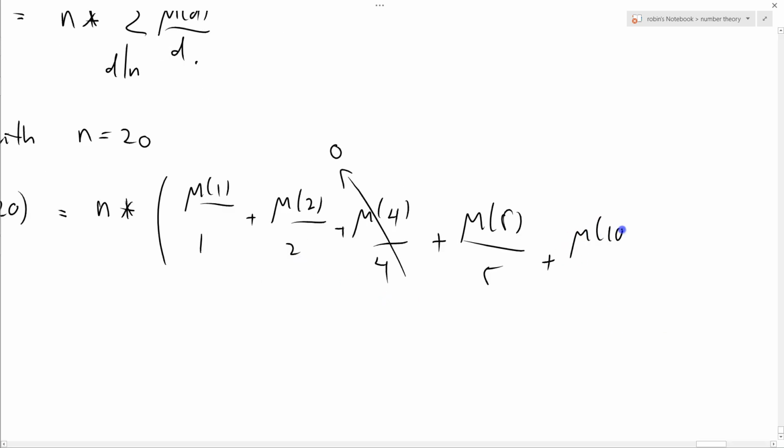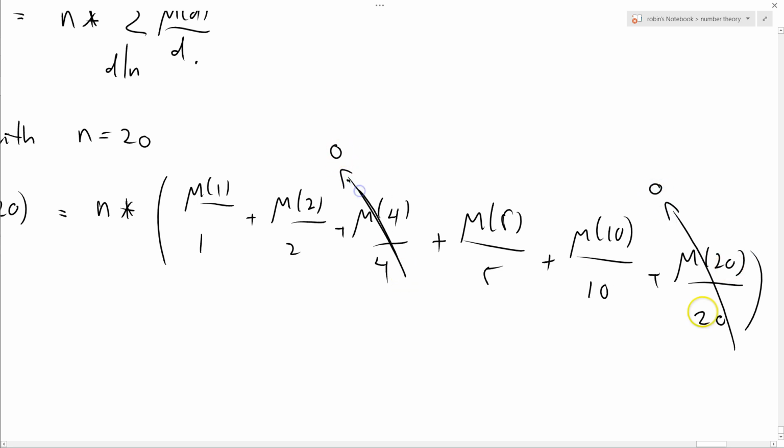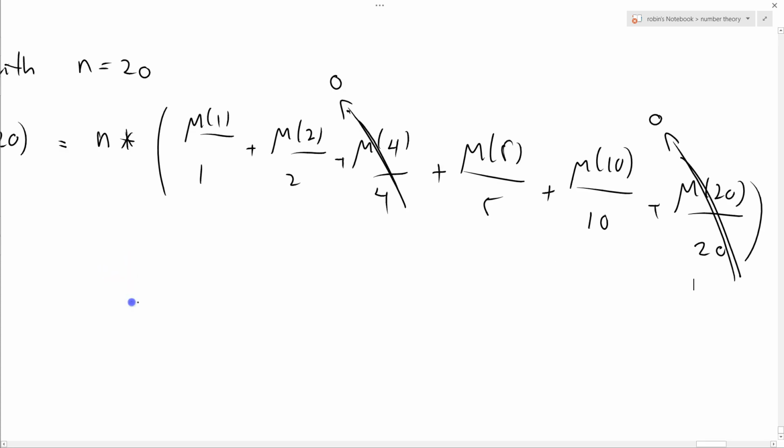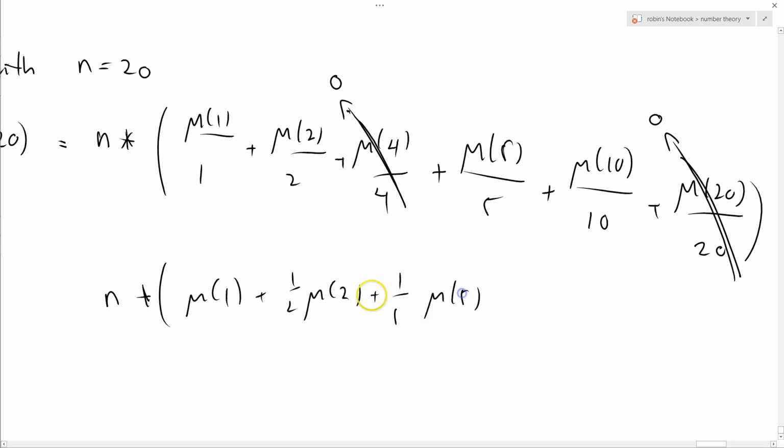Mu of 10 over 10 plus mu of 20 over 20. Don't need that. Of course, we don't need this term here or this one here because they've got squares in them. So what have we got? We've got n times mu of 1 plus a half mu of 2 plus a fifth mu of 5 plus a tenth mu of 10.